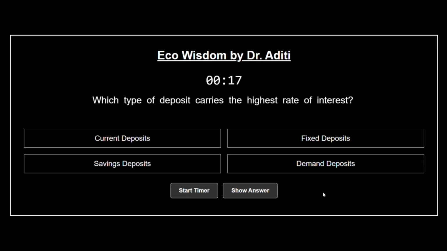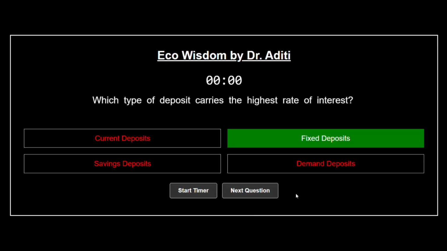If you use banking services regularly, if you are depositing money with banks regularly, if you are involved in the system, then this answer is very easy. And the timer is done. The answer is fixed deposits. So typically fixed deposits do give higher rate of interest.